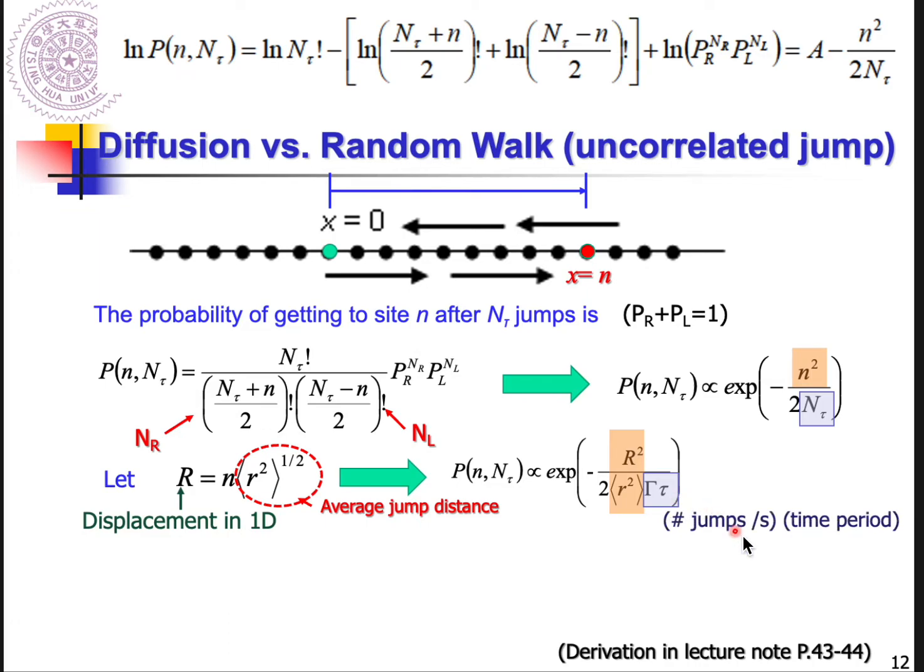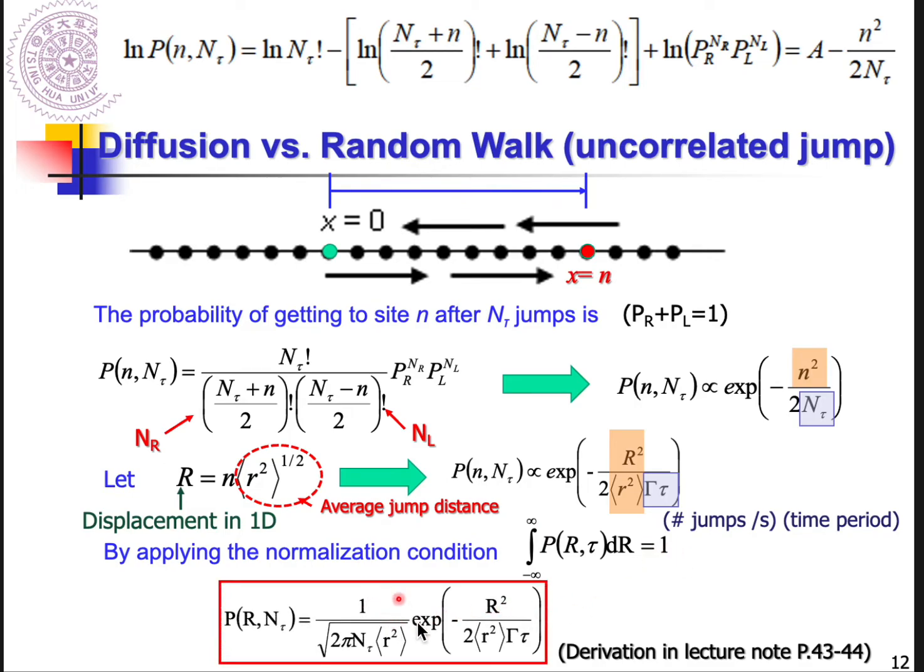Yes, you know the proportion, but you don't know the constant. So we apply one boundary condition. If you integrate the probability over the whole space from negative infinity to positive infinity, it equals 1. So you can get the constant here.